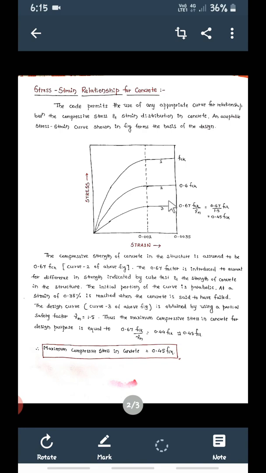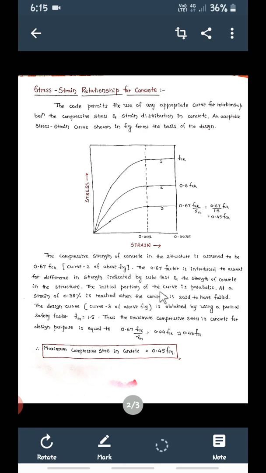Always in the laboratory it will show higher values, but when you use the same concrete at the site, there will be some constraints. Because of that, the strength will always be lesser. So the lesser strength will be considered in the design.